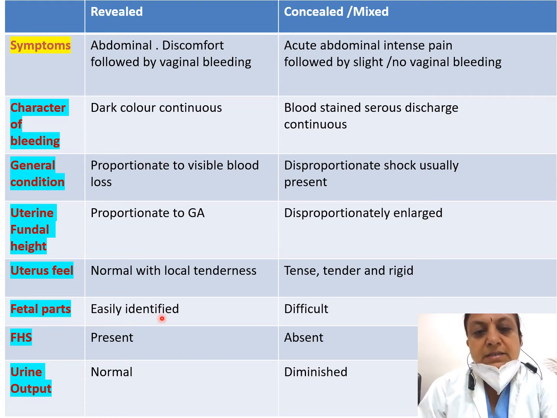Fetal parts are easily identifiable in the revealed variety, whereas it is difficult to identify the fetal parts because of the blood collection. Fetal heart is usually present in the revealed variety and fetal heart is usually absent in the concealed variety. Urine output is normal, whereas urine output is diminished in the concealed variety.